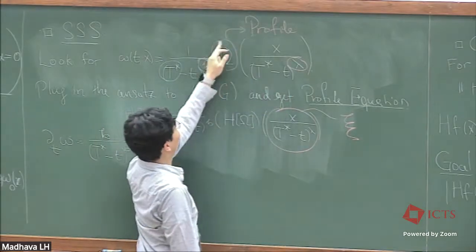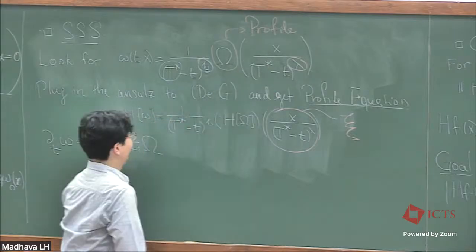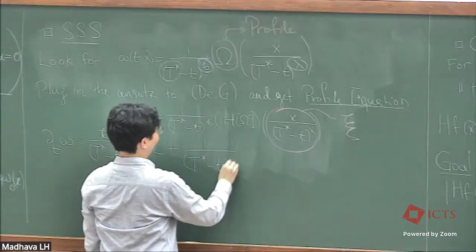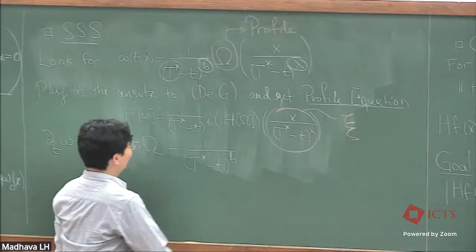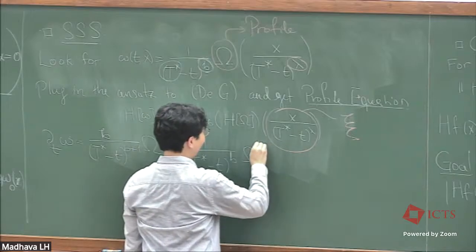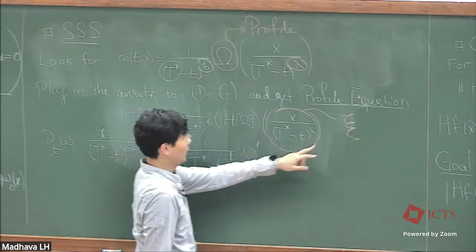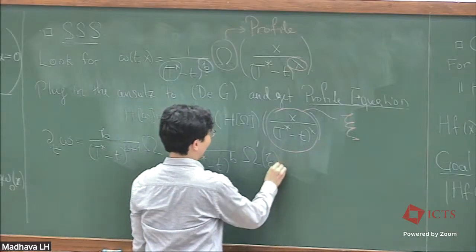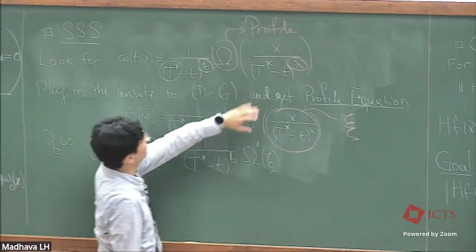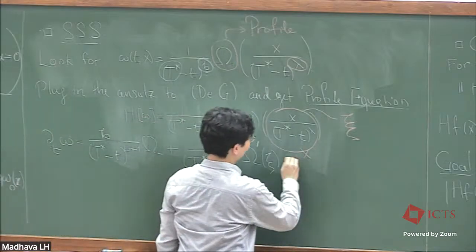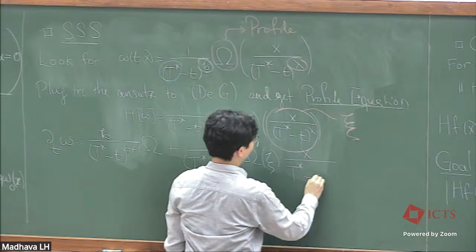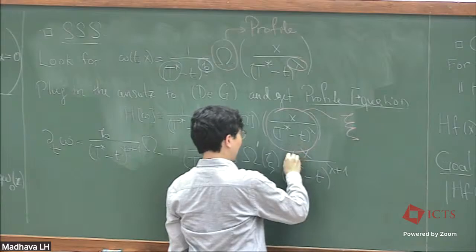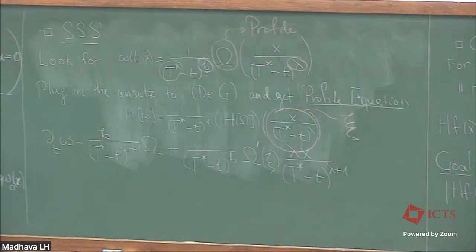And then the time derivative falls here. But now it's a very complicated chain rule. Okay, let's do this. (T star minus t) to the power b. And first of all, you have omega prime. This prime is with respect to this variable, c. So let me just write directly c. And you differentiate this in time. Then you get x over (t star minus t) to the power lambda plus 1 with lambda. Okay?